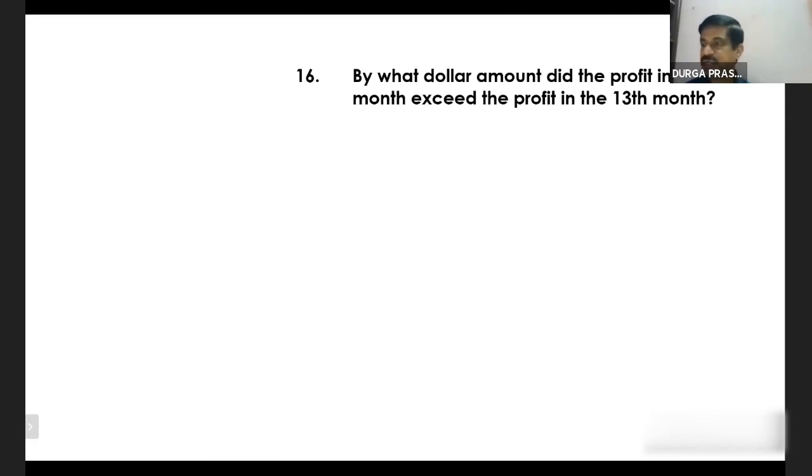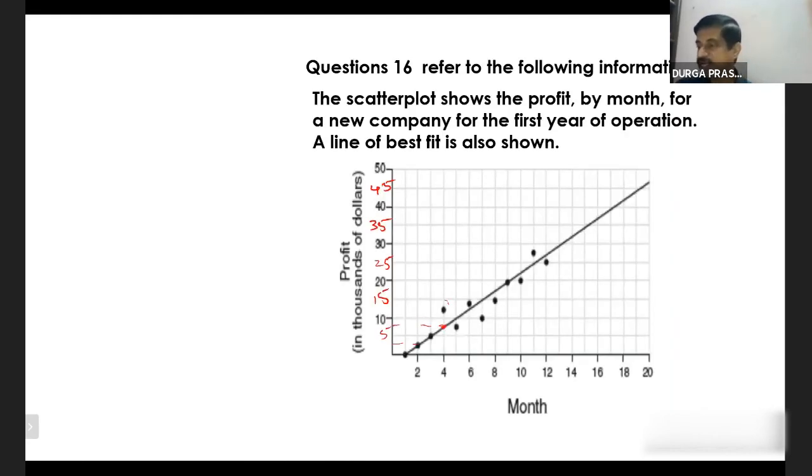By what dollar amount did the profit in the 18th month exceed the profit in the 13th month? So let us go back to the graph. The 18th month is somewhere here. So if you take, it is this. And the other is the 10th month, it is here.